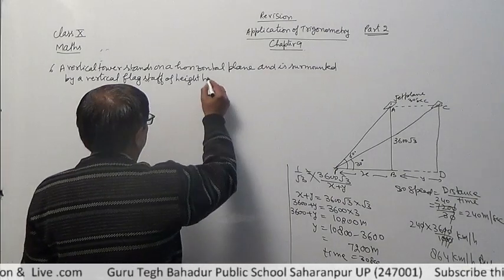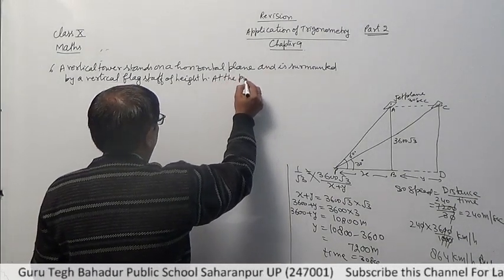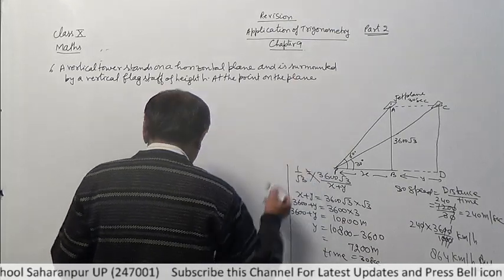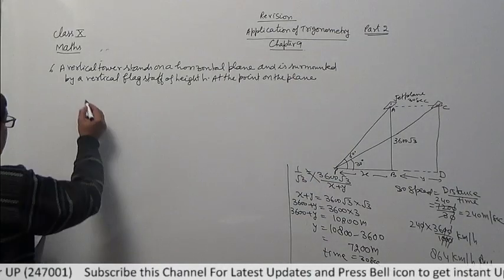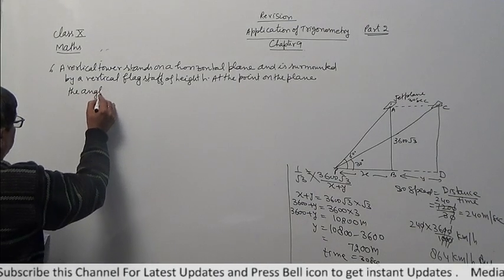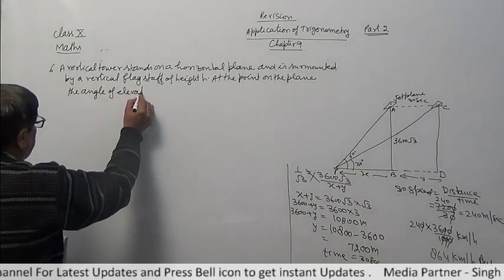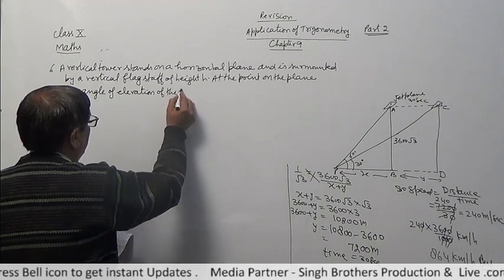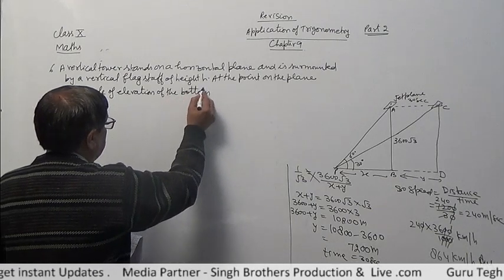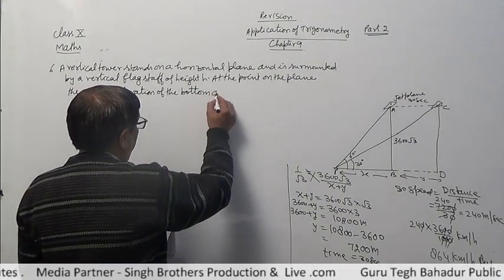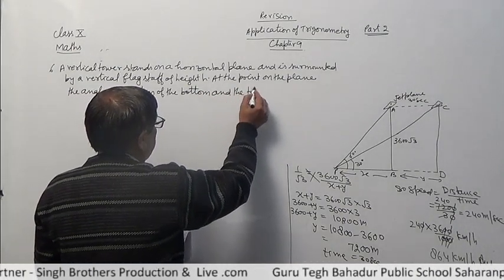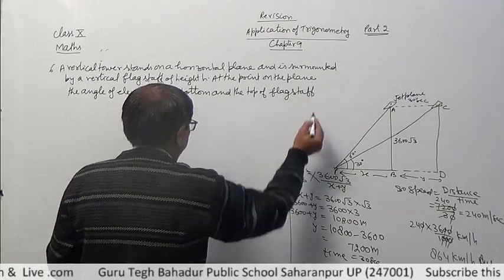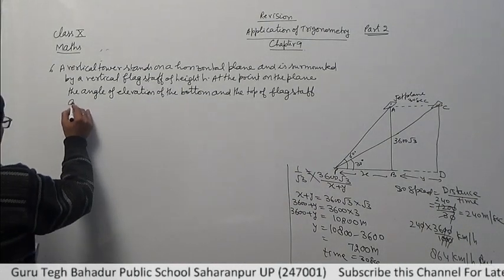At a point on the plane, the angles of elevation of the bottom and the top of the flagstaff are alpha and beta.